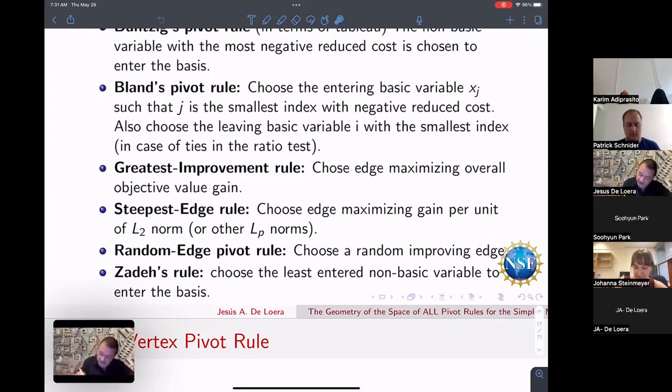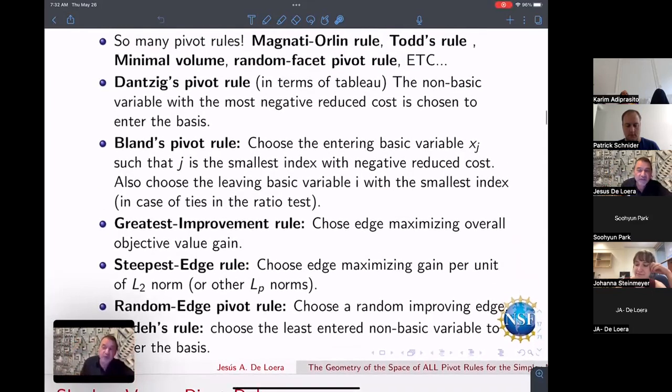This is called choosing the least entered non-basic variable, which means that you keep track of how many times you have used that particular facet to define a vertex. And then of all the possibilities, you choose the one that has entered the least. So this one needs the history of the pivot rule to make progress. Are you with me so far?